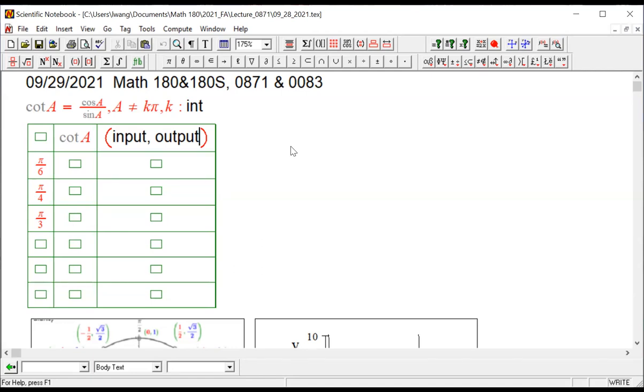The reason we use these special angles is because it makes the process a bit easier. It's not because these angles are of any importance. In terms of practicality, in real life, you're not going to see these angles most of the time.